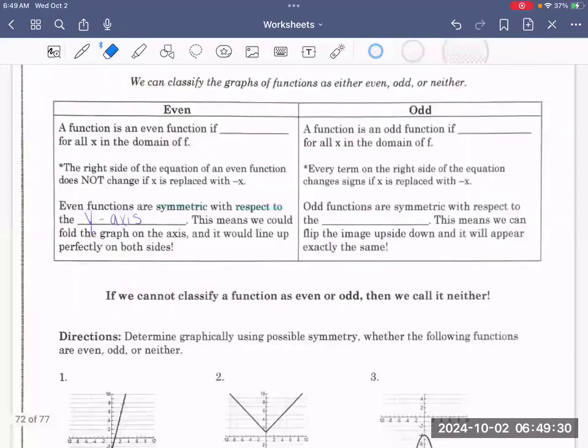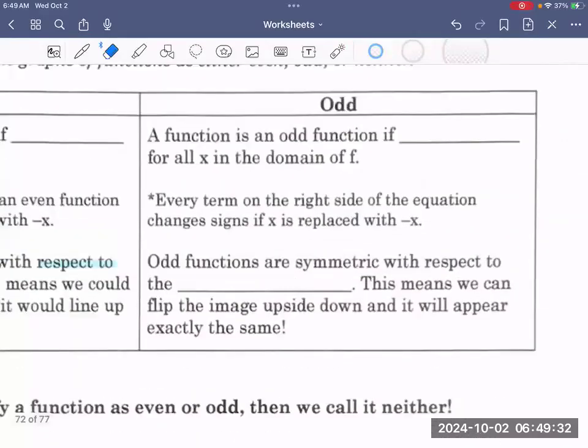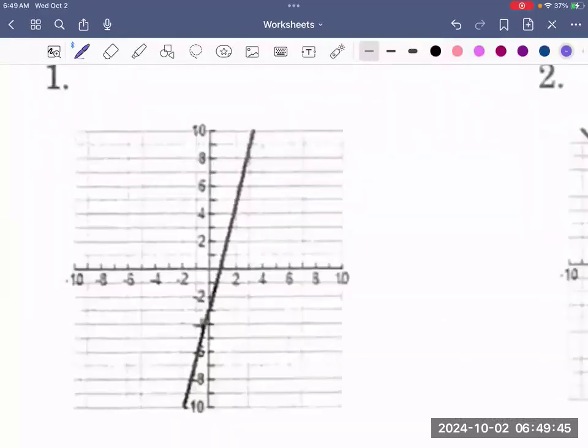However, taking a look at an odd function, odd functions are symmetric with respect to the origin. The origin is a point 0, 0. So your origin being right here, 0, 0, is acting as the reflector.